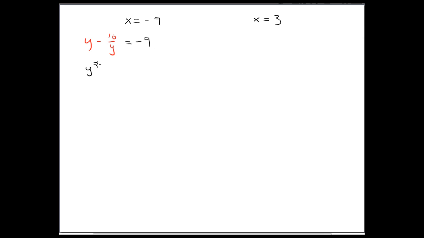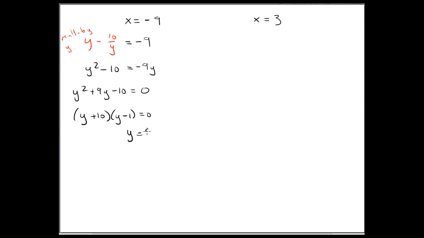So that means y squared minus 10 is equal to minus 9y. How did we get here? Multiply everything by y. So that means y squared plus 9y minus 10 is equal to 0. This factors: y plus 10 times y minus 1 is equal to 0. That gives us y is equal to negative 10, positive 1.